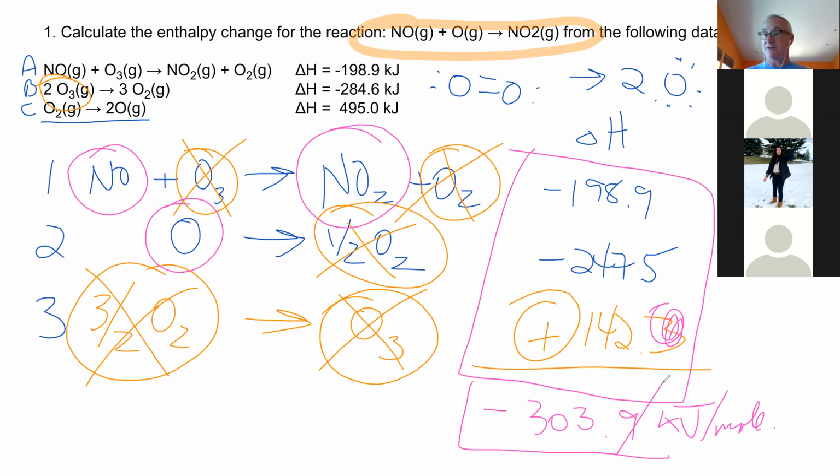So a lot of times you'll see N2 becomes two moles of nitrogen atoms, or in this instance, 1 mole of oxygen molecules becomes 2 moles of oxygen atoms, or liquid will turn to gas, or gas will turn back to liquid. And the only reason we do that is so we can cancel everything out that we need to. So is everyone clear on this one, how we did it?